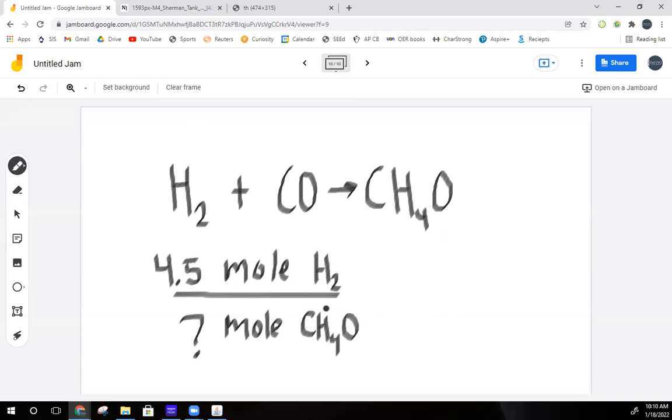The way that you're going to solve this is balance the equation, and then get a ratio factor.